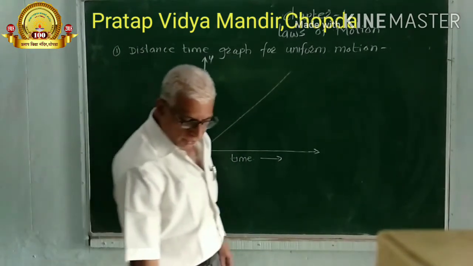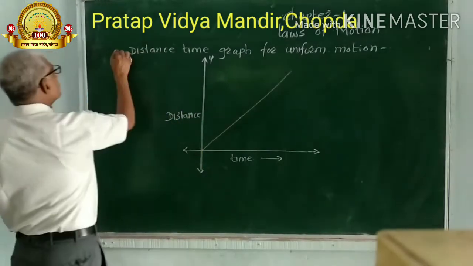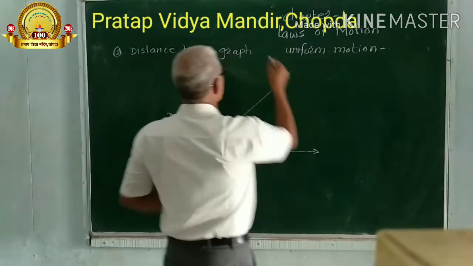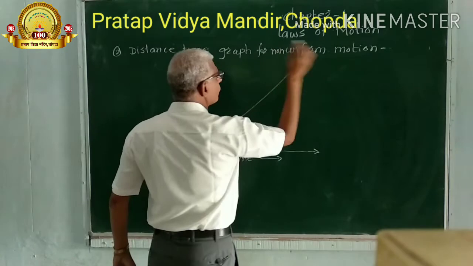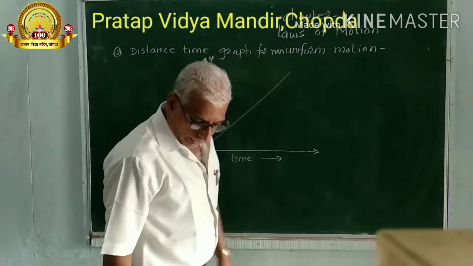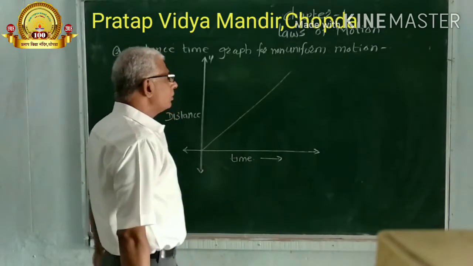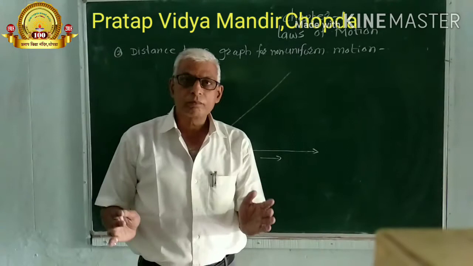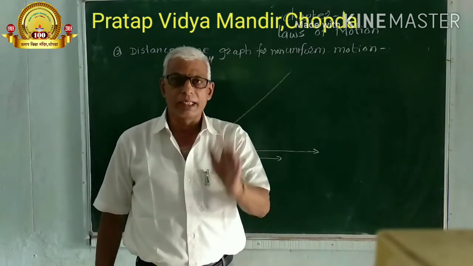Then the second point we have to learn here: distance-time graph for non-uniform motion. When an object moves in non-uniform motion, it covers unequal distance in equal time intervals.